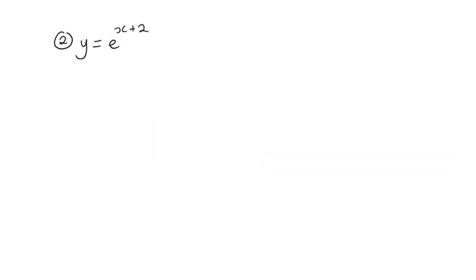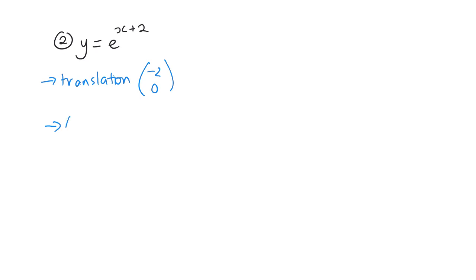Second one then, y equals e to the power of x plus 2. So we've changed x to x plus 2, so we know that's a translation. Just change the x's, so it's either going to go left or right. We're adding plus 2, so we know we're going 2 to the left, and we're not going any up or down.